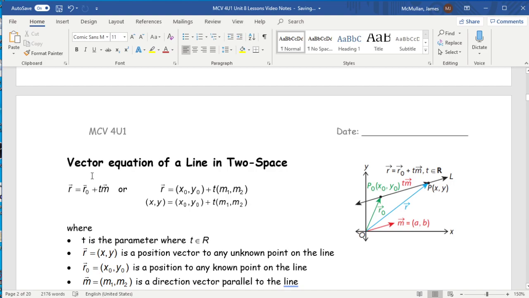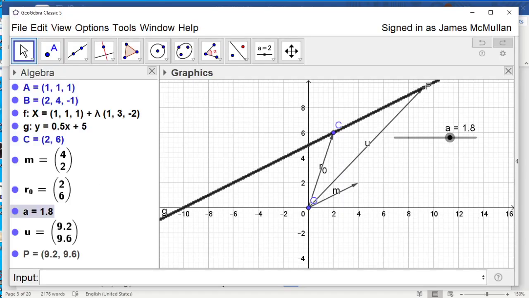It's just the way I'm accustomed to using it. So T is a parameter. It's any real number from negative infinity to infinity. The line is represented by a position vector, which basically just corresponds to a point, plus T times a direction vector. Okay? And if you think about what it did in 3 dimensions, it didn't use T, it used lambda, but it's the same idea.